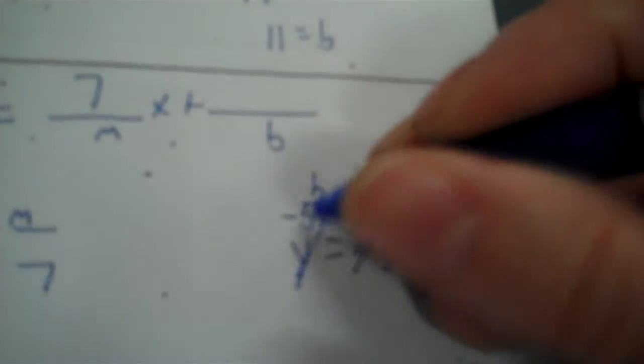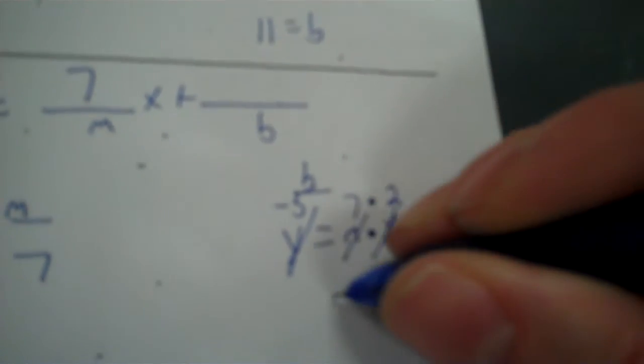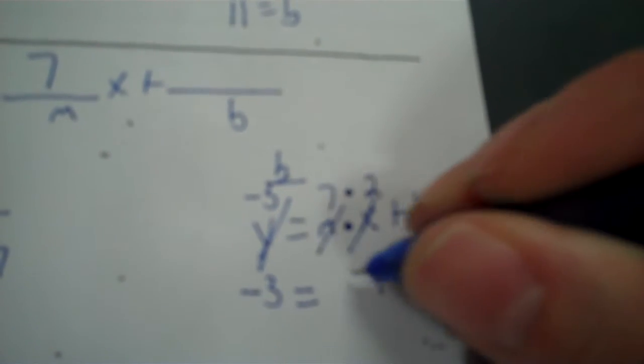So m is 7, and then the x, y comes from over here, so negative 3 replaces the y, and 2 replaces the x, so times 2. So I drop the plus sign, bring your b in front, because that's the letter you're solving for, and then plus whatever 7 times 2 is. 7 times 2 is 14.